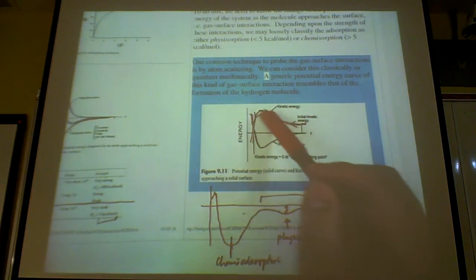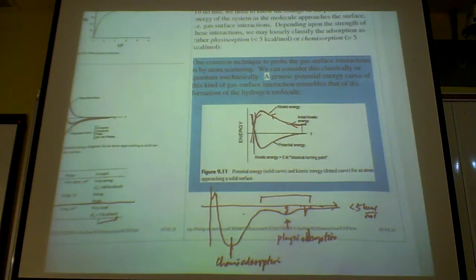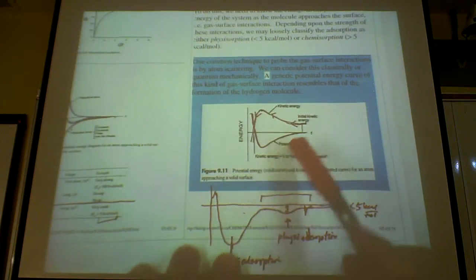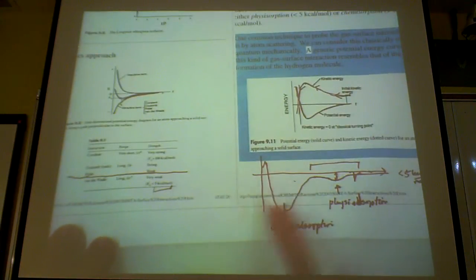So the kinetic energy is going to go up and then come back down. So if you can track the kinetic energy of the movement of your particle beam, you could probe what is the potential of this interaction, this well, this type of structure that you see.